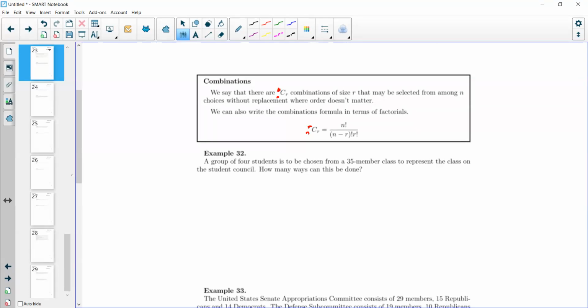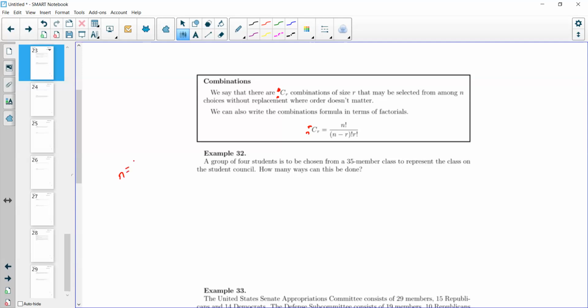Now let's look at another example. A group of 4 students is to be chosen from a 35-member class to represent the class on the student council. How many ways can this be done? Does the order matter? No, we're just choosing 4 students.